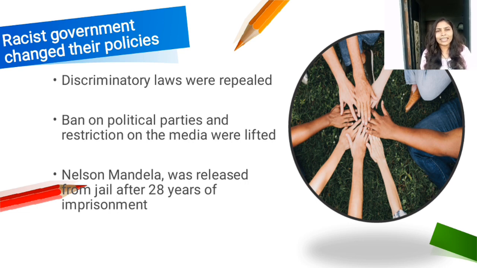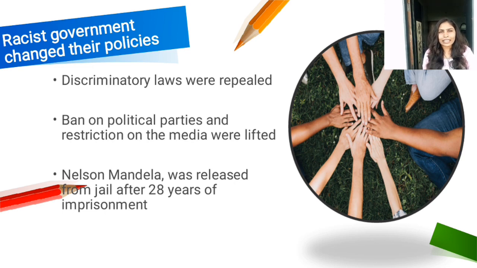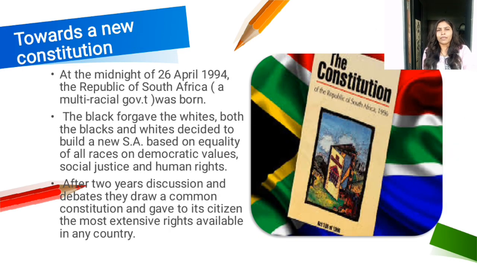So finally they gave up and took certain steps: the apartheid laws which were imposed on black people were banned, the ban on political parties and media and the restrictions they had put forward were all lifted by the government, and the leader Nelson Mandela was released from imprisonment.